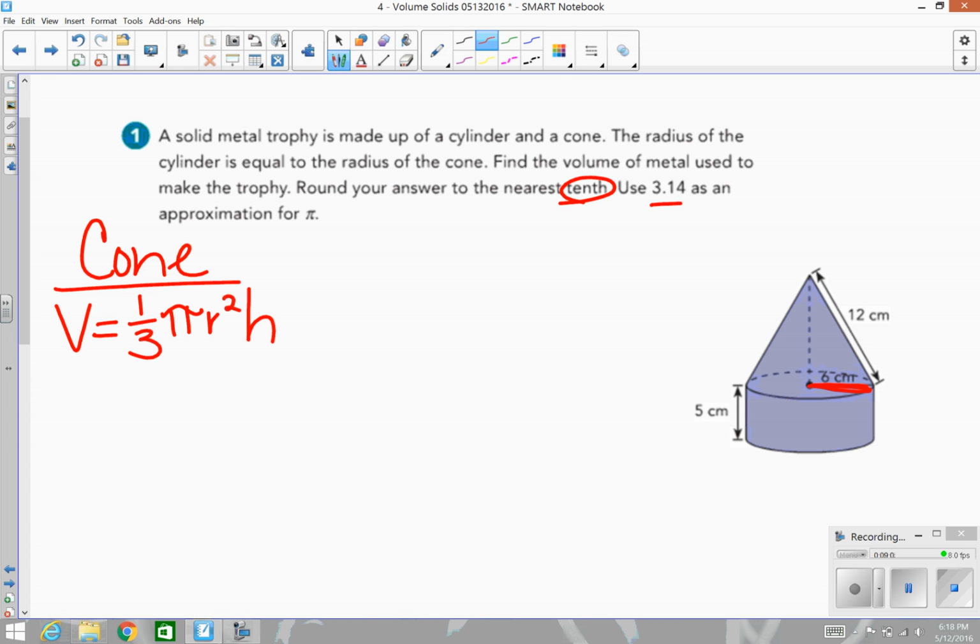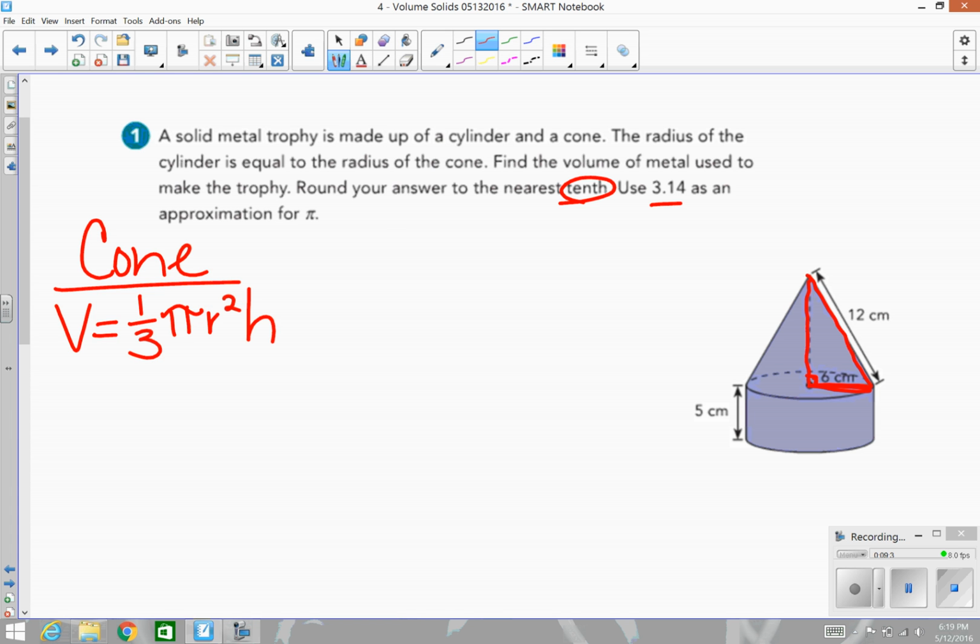Looking at my cone, I know the radius is 6, but I don't have the height of the cone. That's what's missing, and we're going to need to use the Pythagorean theorem to find it. So that's where the two things tie in.